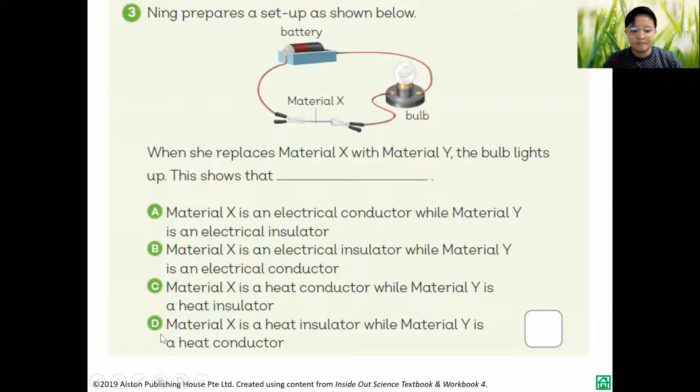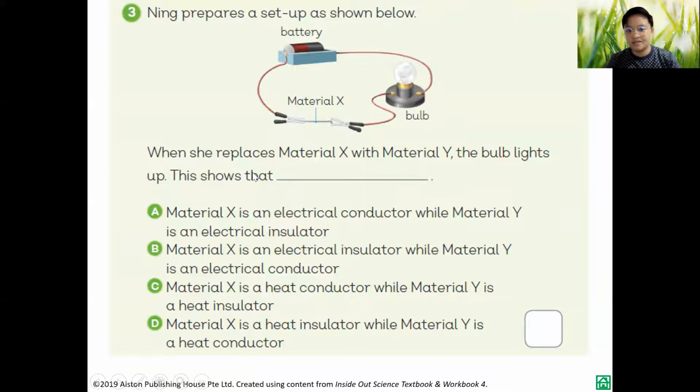And lastly, letter D, material X is a heat insulator, while material Y is a heat conductor. Like I said, we can assume that this is about electrical conductivity. So the heat conductors in C and D are already both wrong. Let's choose answers from letters A and B.